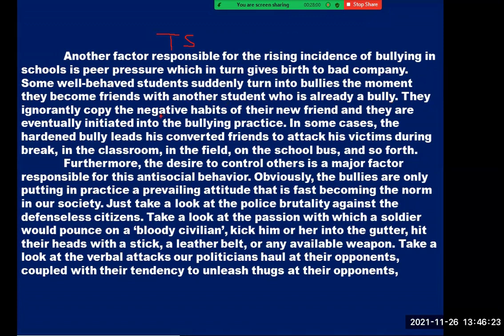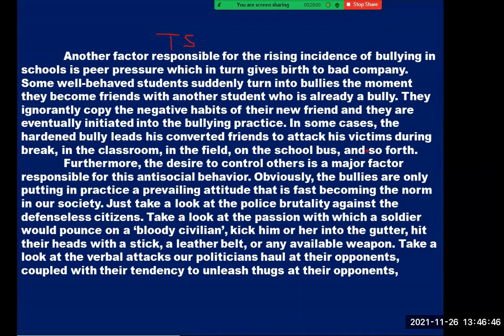They ignorantly copy the negative habits of their new friend, and they are eventually initiated into the bullying practice. In some cases, the hardened bully leads his converted friends to attack his victims during break, in the classroom, in the field, on the school bus, and so forth.